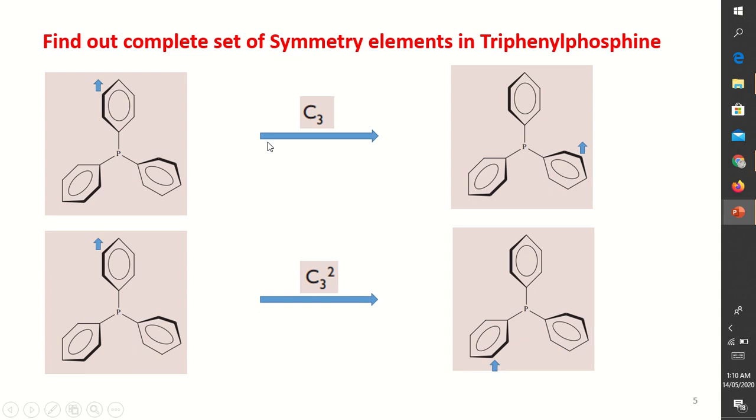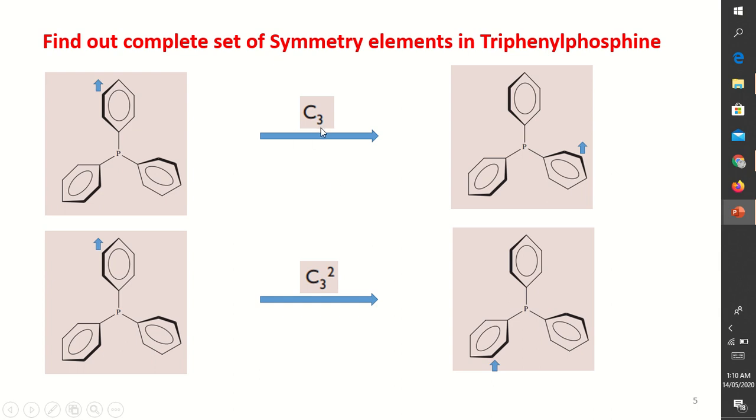First of all, the first operation is identity, and identity means doing nothing to the molecule. So if we talk about identity, the result would be the same, so there is no need to write the operation identity for this triphenylphosphine molecule.